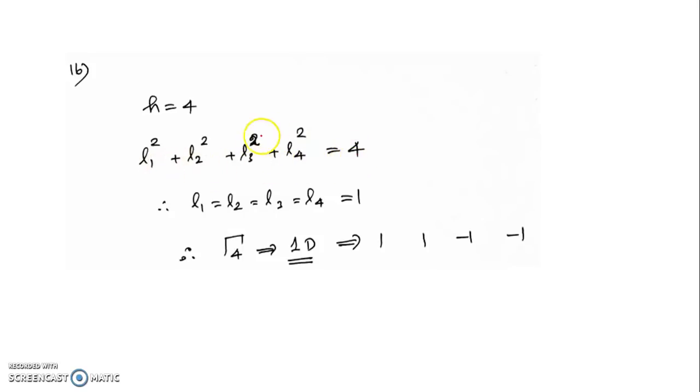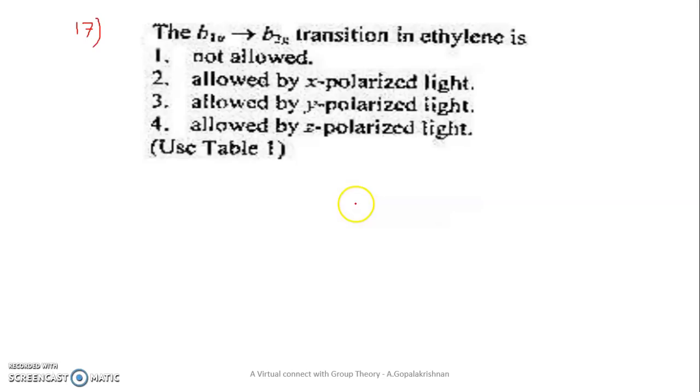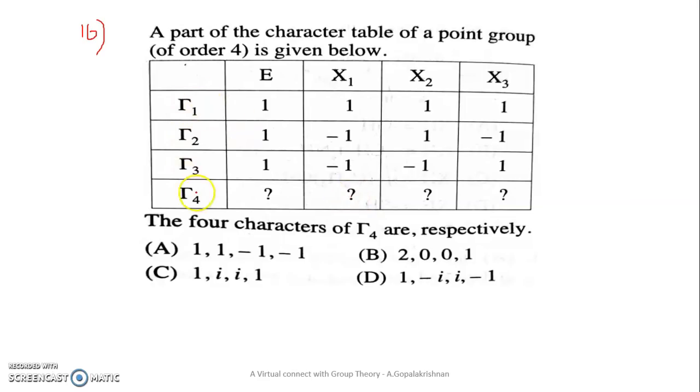Therefore, this is possible only if l1, l2, l3 are equal to 1. So it means all these irreducible representations must be one dimensional. If they are one dimensional, then their character should be either +1 or -1. So in these places we should put either +1 or -1.